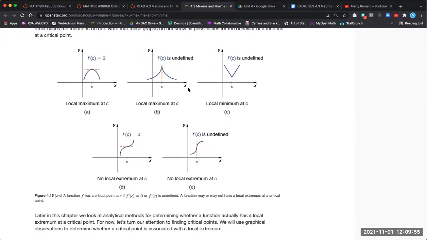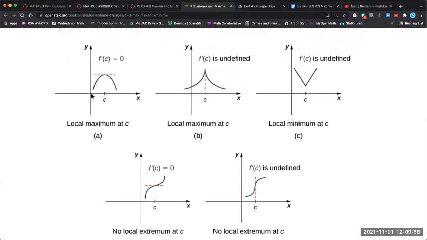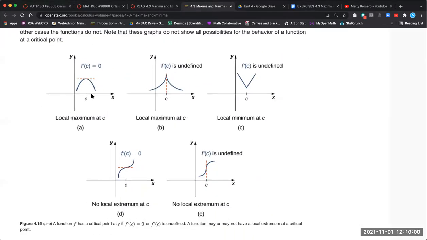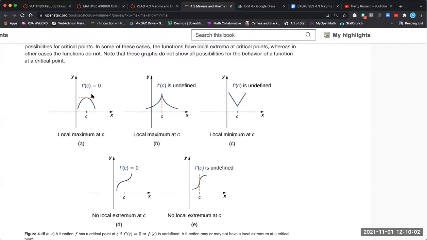That leads us to looking at the different ways we can have critical values, critical points. f prime of C equals 0 here. Here it's undefined, and we have an extrema. There's an extrema here. Remember, with an absolute value, it's undefined.